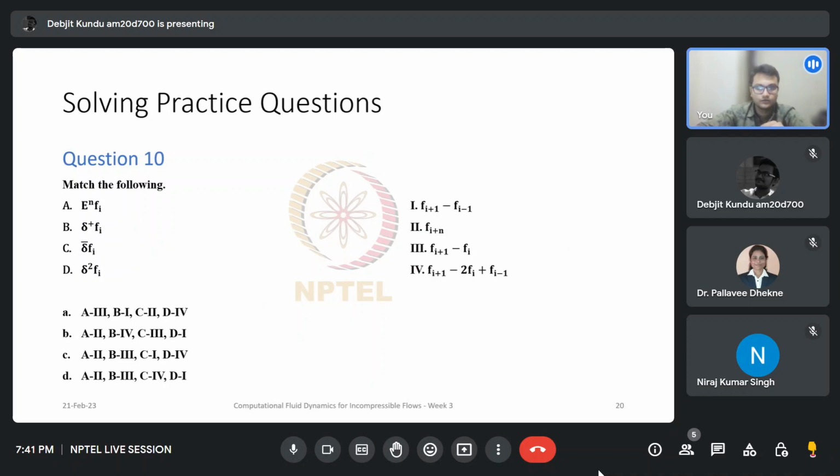So you have to figure out which one is which, and once you have figured out the correct combination, pick out the correct option given below. Take your time to do this correctly.